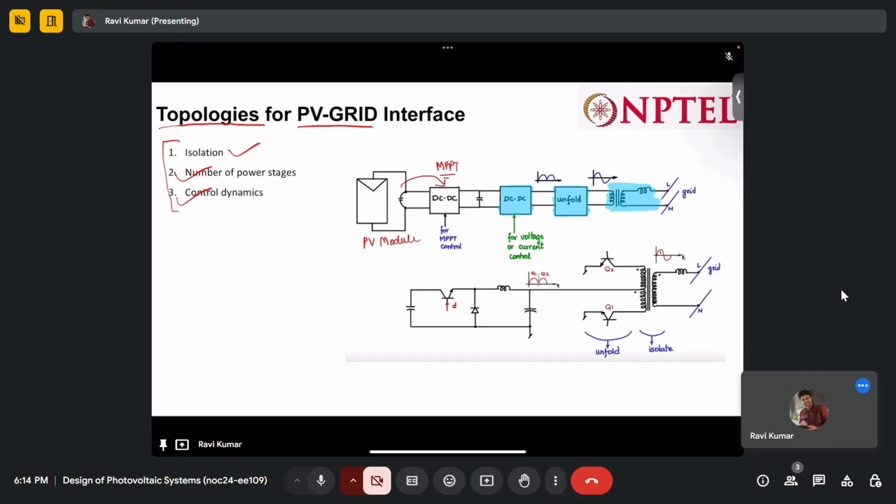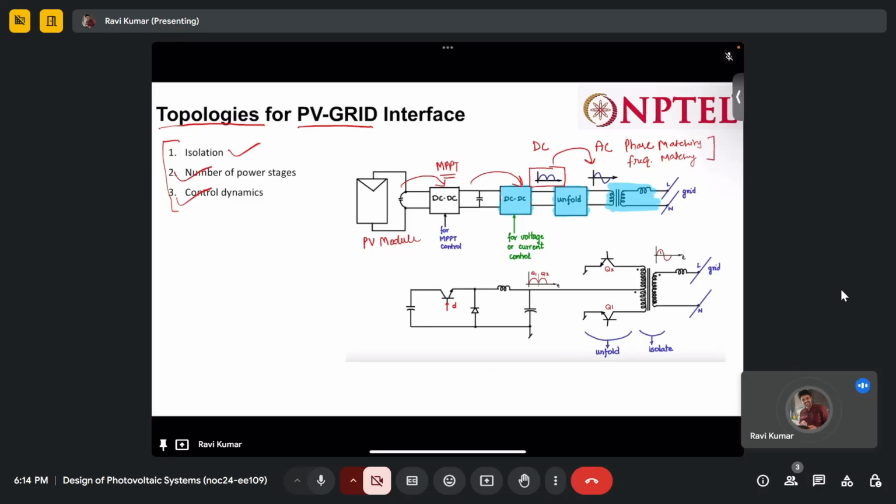Then voltage and current are controlled using another DC-DC controller. Then we obtain this kind of waveform, and then we convert it from DC to AC, and this AC then goes through phase matching and frequency matching.